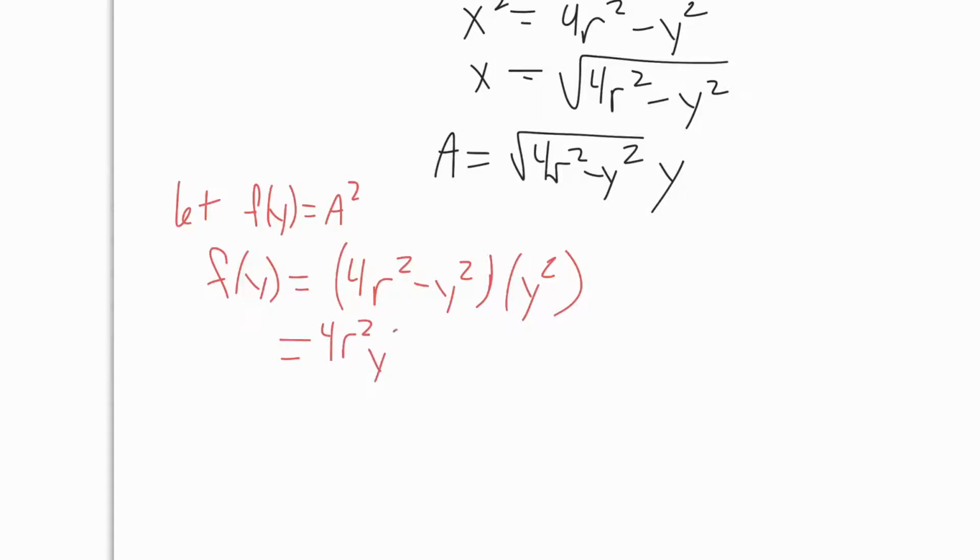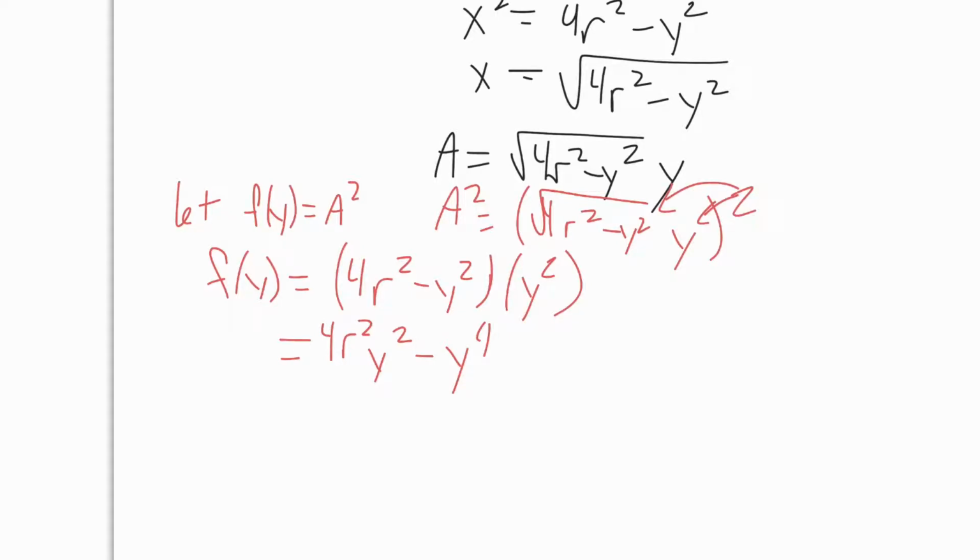So 4r squared y squared minus y to the 4. Right, if I square A here, A squared, I have to square the whole thing. And then I'd also have the y here. This all needs to square, so the square will go to the root, and the square will go to the y. Alright, so that's just an aside here.